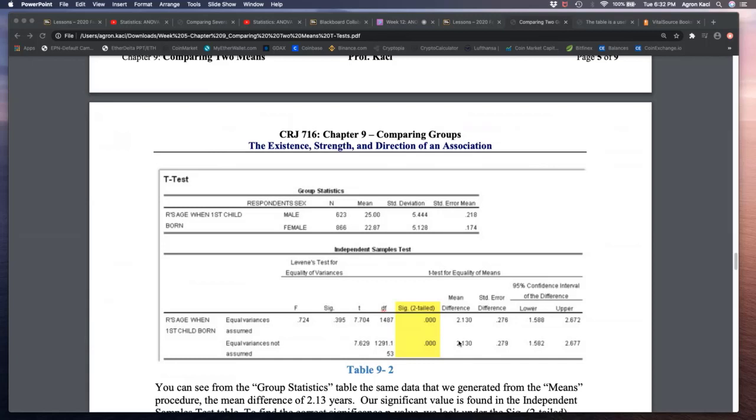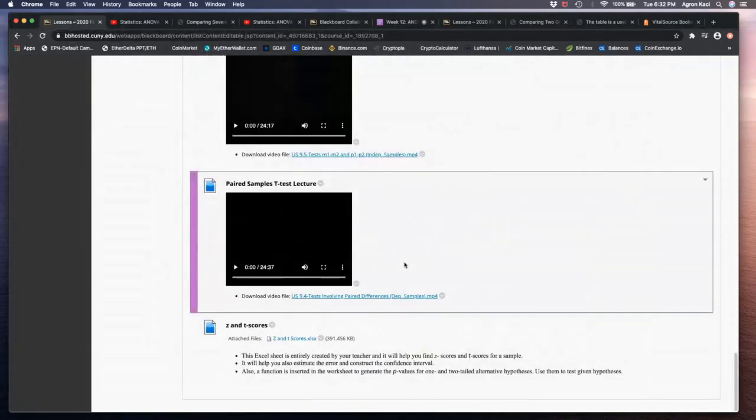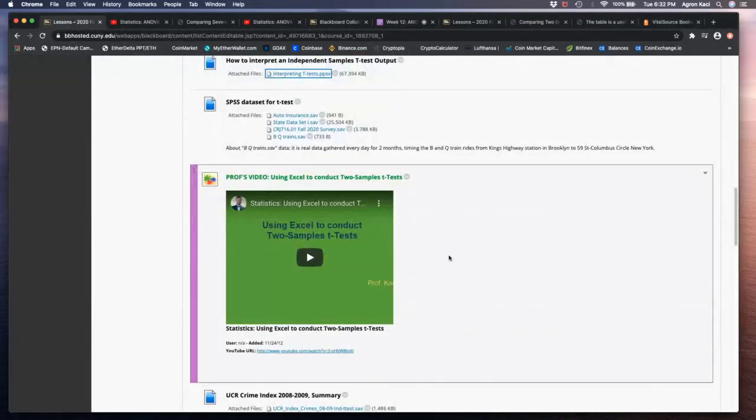Also, I remember saying to use Excel to conduct the two samples t-test. Why? Because Excel does not have one overarching test like SPSS.